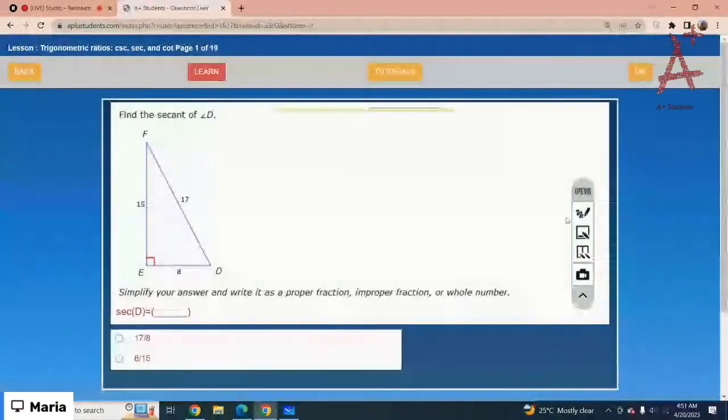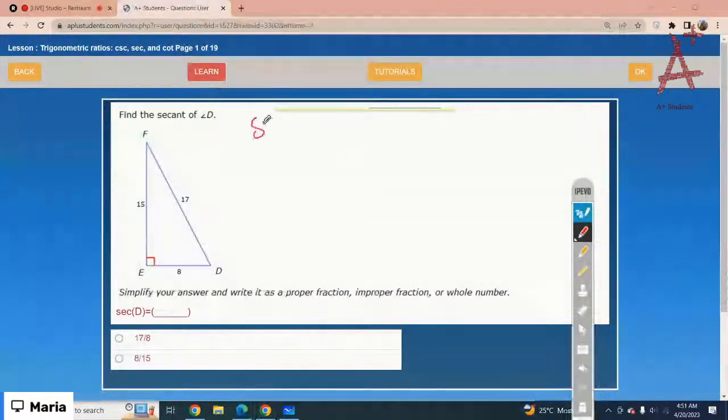Okay, find the secant of angle D. So secant of angle D. Secant is the reciprocal of cos. Got it?